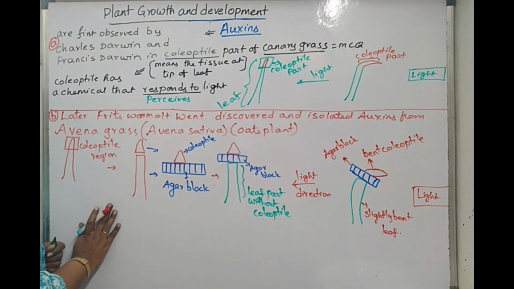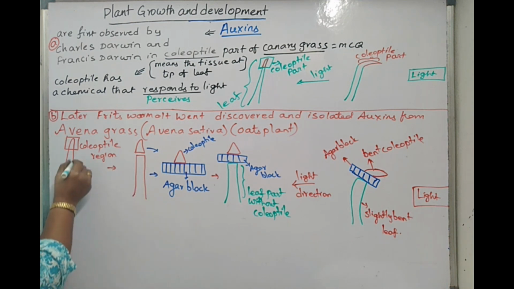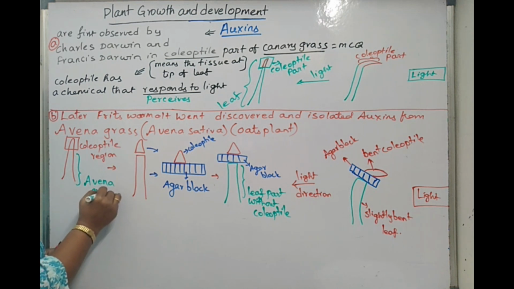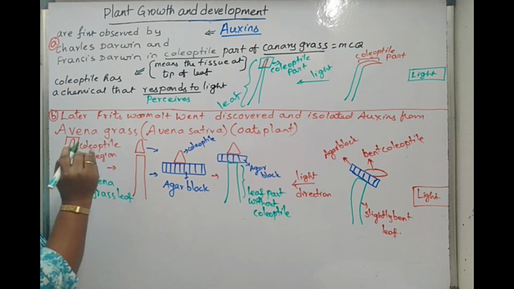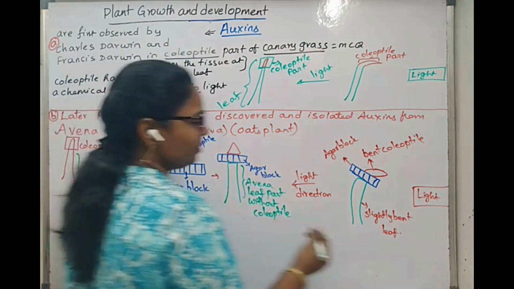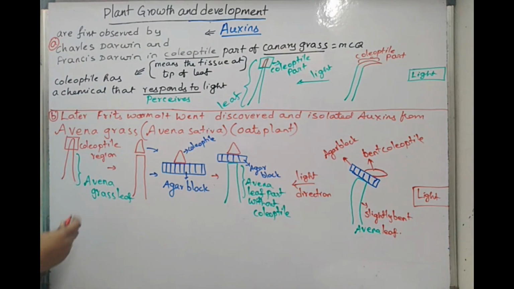This is the experiment done by Wendt. This part is the Avena grass leaf.